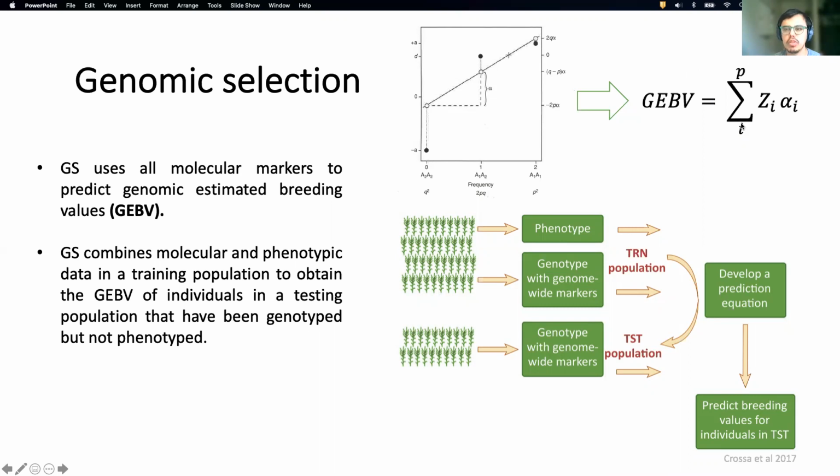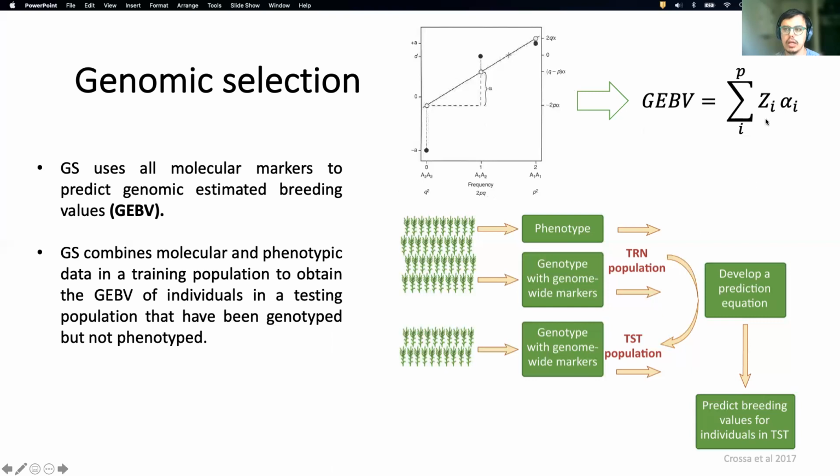And that breeding value is the genomic value of those lines. But as you estimate the allele substitution effect of every single allele, you can do predictions of the genomic value in lines where you only have the genotype.